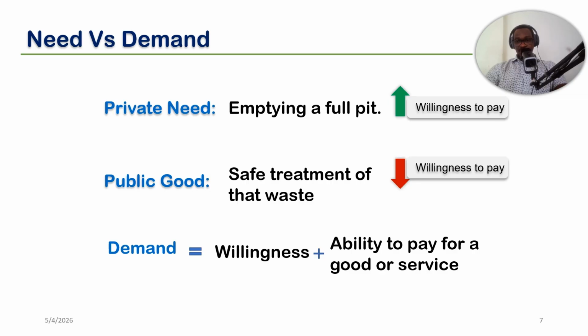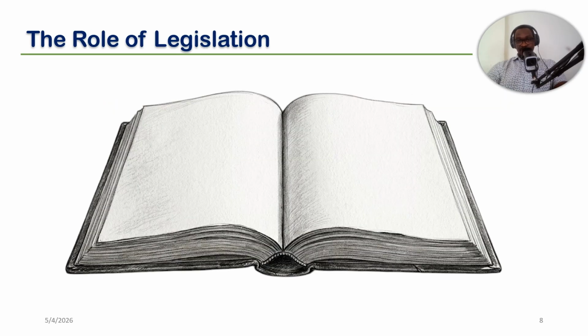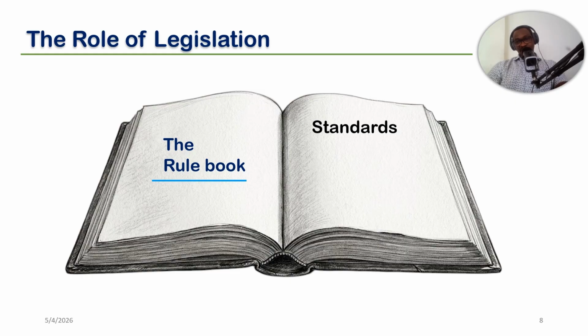That now takes us to the part where we're looking at legislation. Legislation provides the framework for the entire functioning of the system, and this is what we call the rule book policy. Here it establishes standards, specifically discharge standards.